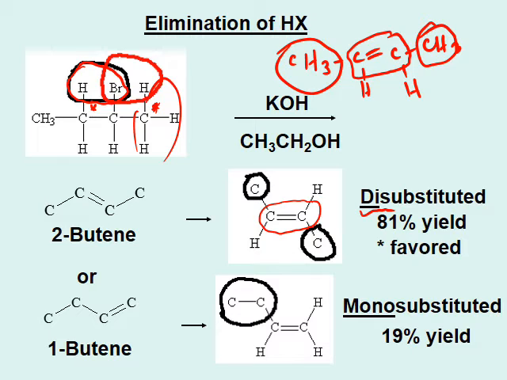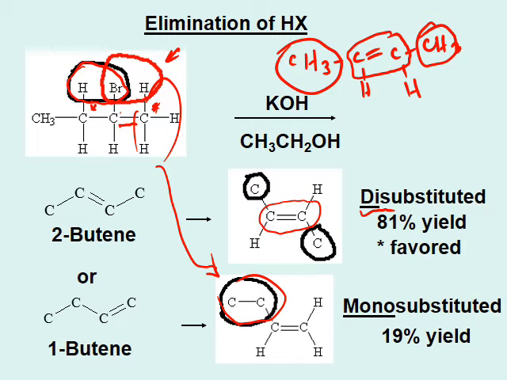On the other hand, if this is what happens, that means H goes from the rightmost carbon and Br goes from the next carbon, then obviously there'll be double bond in here. And that gives you this product. So you'd have CH2 here and then CH3CH2.